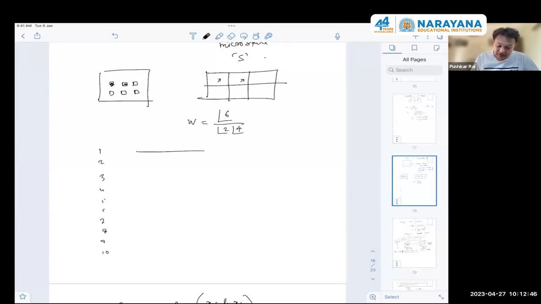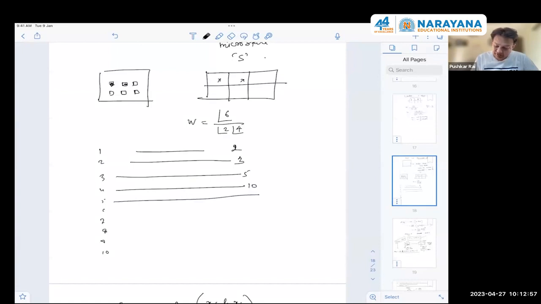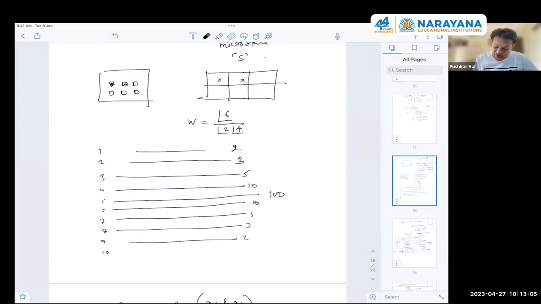In number 1, there are only 2 ways of exchanging things. 2, 3 ways. 3, 5 ways. 4, 10 ways. 5, 100 ways. Suppose it is symmetrical, then this is 5, this is 3, this is 2, and this is 1. What do you think, in which state will the system spend most of the time? This state.